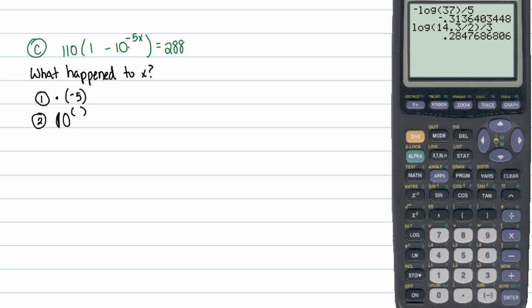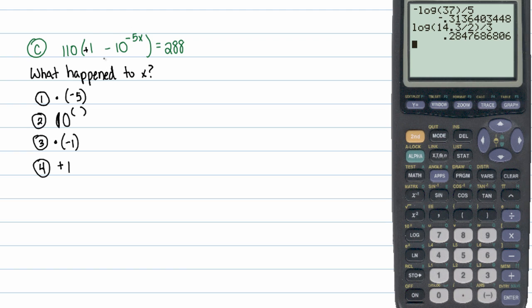But once they had 10 raised to a negative 5x, they multiplied that business by a negative 1, right? To make it a negative 10 to the negative 5x. Be very careful when you're doing this. The next step, the next thing they did to really try to throw you off the chase, is they added 1. Because that's a positive 1, really, that they're adding to this.